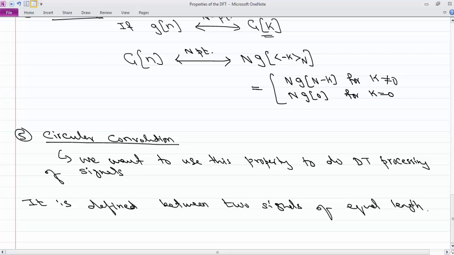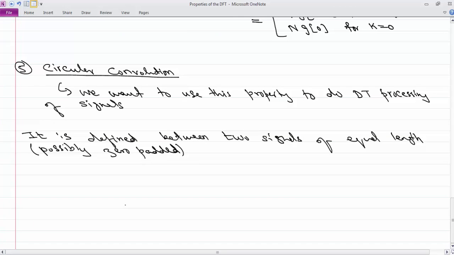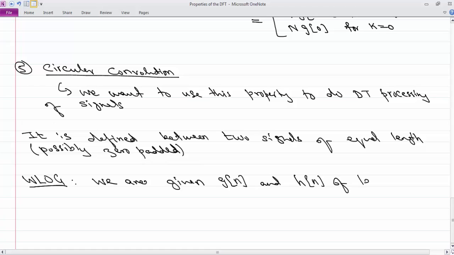Now, if they are not the same length, then we know how to make them the same length. Right? You will take the smaller length sequence and you will zero pad it. I am going to ignore the aspect of zero padding because that's now pretty fundamental to our understanding of DFT. So without loss of generality, we'll say that we are given two sequences g[n] and h[n] of length N each.